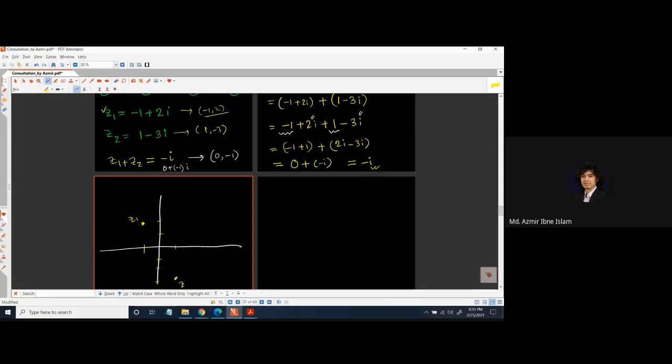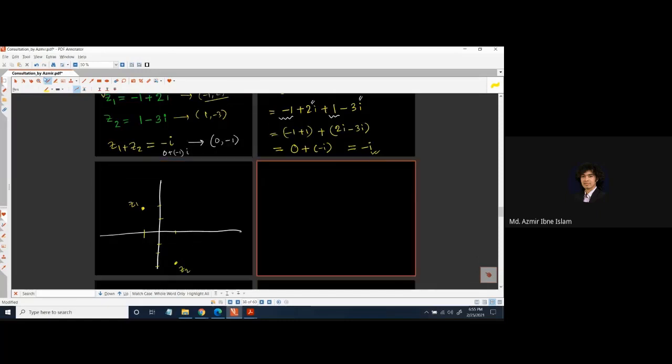So this is Z2. So any complex number can be directed from origin. So that's why we have the first line and also we have the second line.